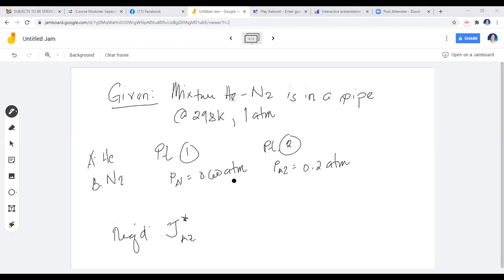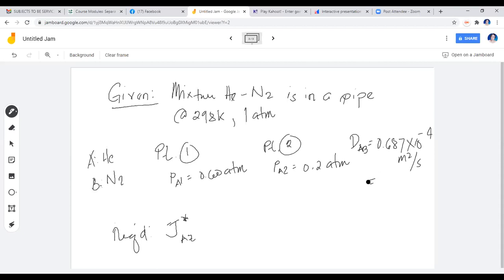And you're also given the molar diffusivity of A to B, of helium to nitrogen, equal to 0.687 times 10 raised to negative 4, in meter squared per second.